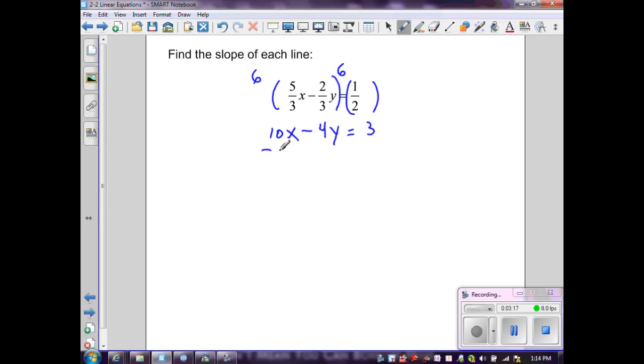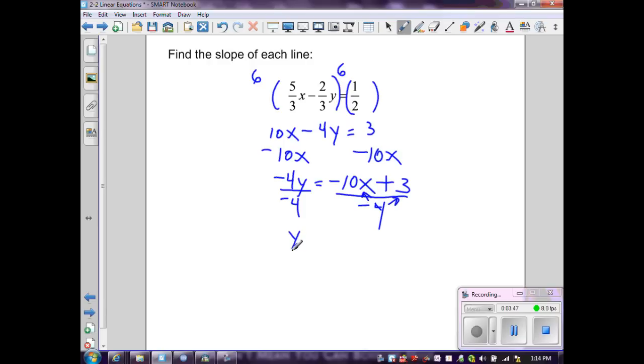Solving for y, let's subtract 10x. When I do that, I get a negative 4y equals a negative 10x plus 3. Dividing by a negative 4, that 4 will have to go into each term, whether it goes in equally or not.